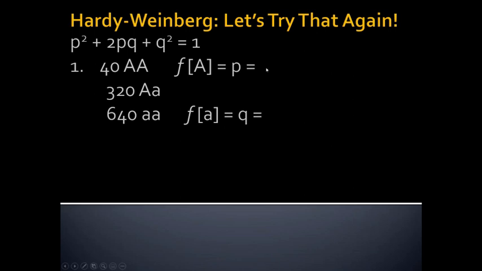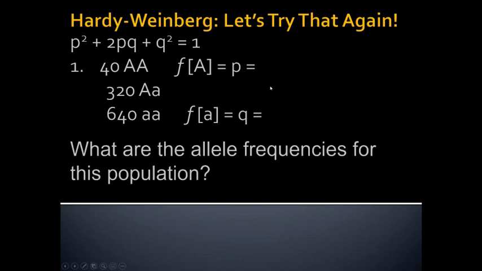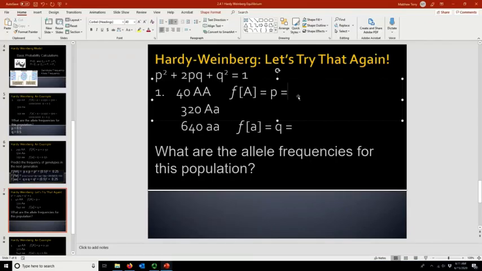All right, so here's how it works. Again, we're going to do it very simply, straightforward, the same way we did it already. We want to figure out the p-value. So I'm going to do 2 times 40 because there are 40 individuals that carry two copies of that big A allele. Then I'm going to add in 320 individuals that carry 1 copy of that big A allele. And so I get a total of 400.